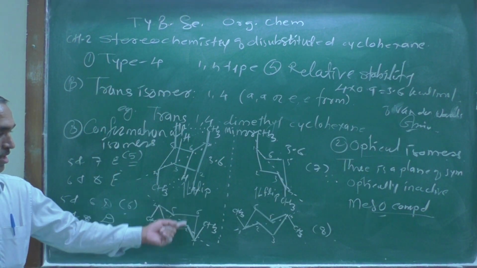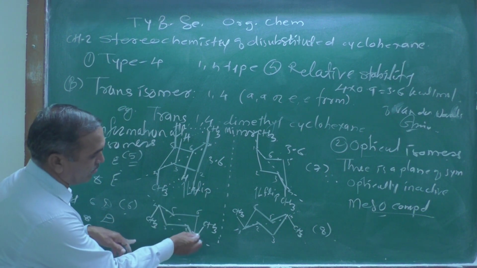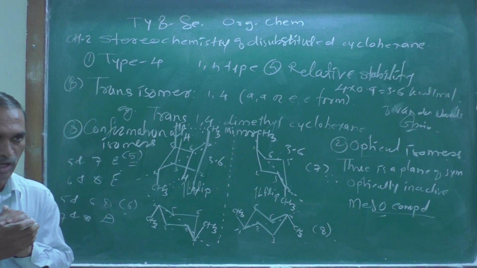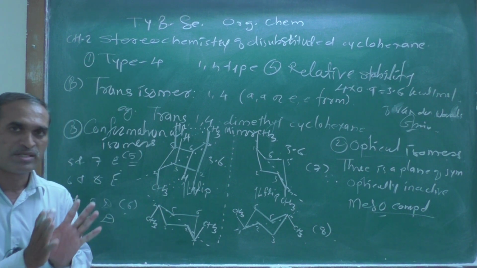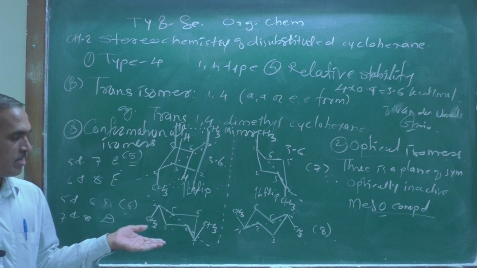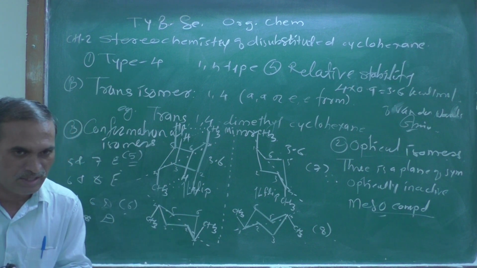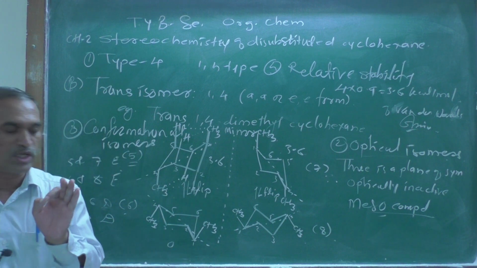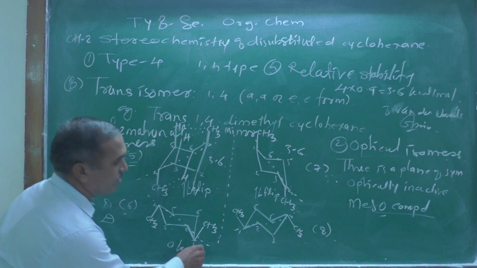What about this? How much energy? Look here, the methyl group is at the equatorial position. This also has an equatorial position. So there is no 1,3-diaxial interaction because both substituents are present at equatorial positions, and therefore there will be 0 kilocalorie per mole.